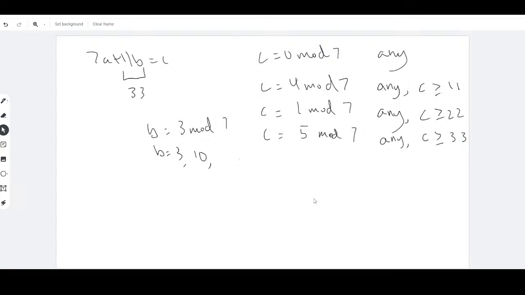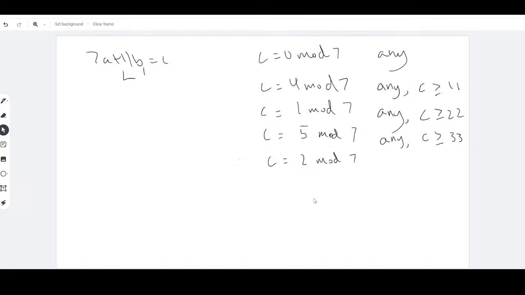Okay, so let me erase this. We can do this for each of the C's. So we can move on to if C was 2 mod 7.